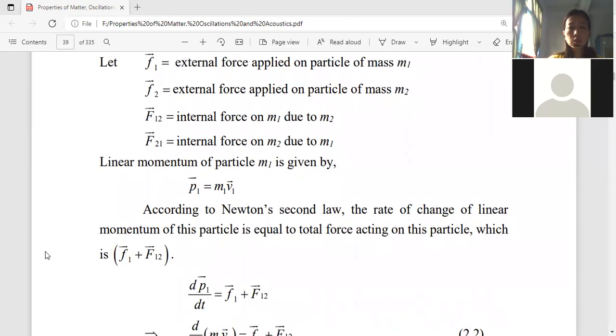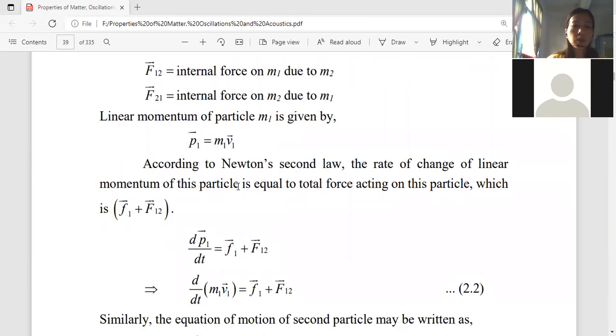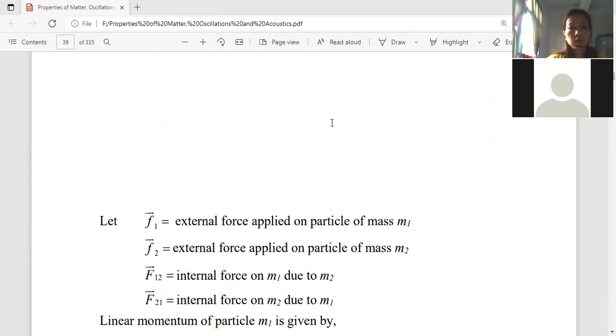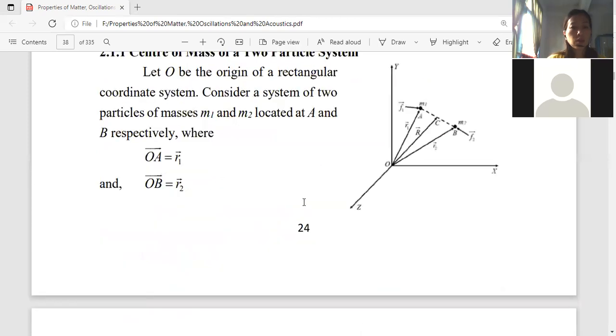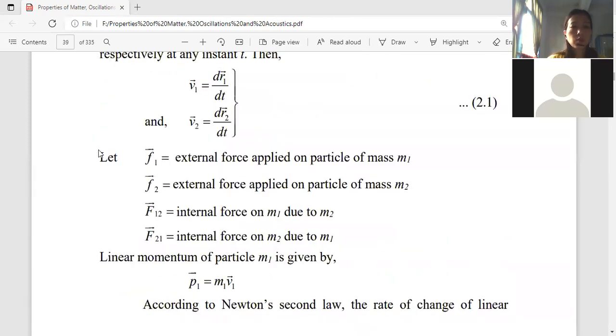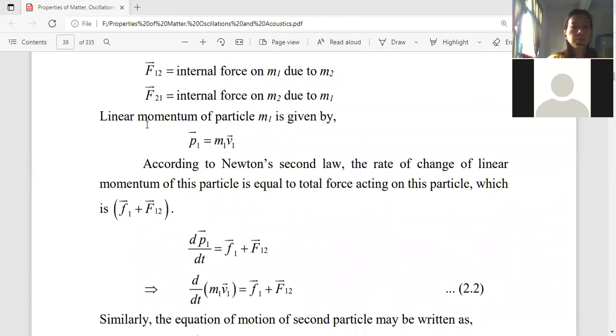I hope you have come across the term momentum or linear momentum. Linear momentum means momentum along a straight line. Since in this diagram we have a straight line, we have linear momentum. What is the formula for momentum?